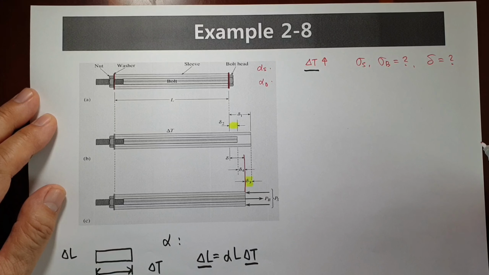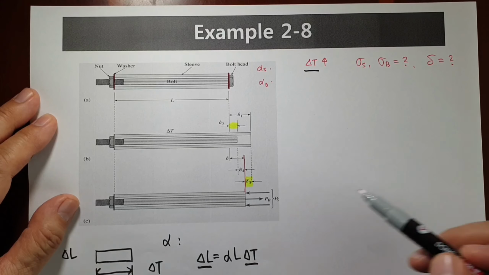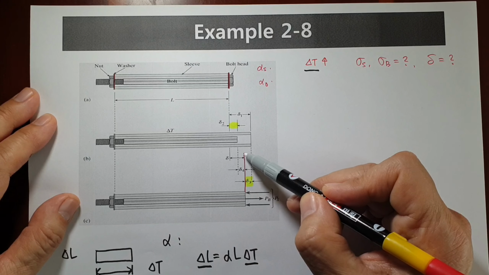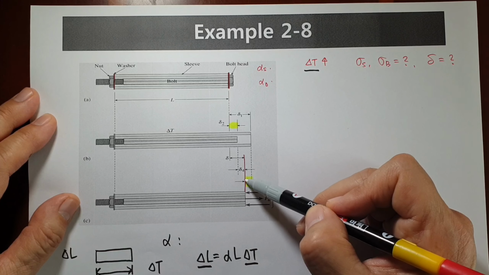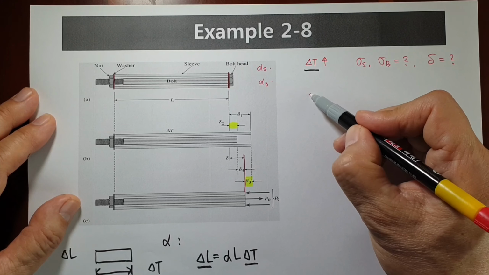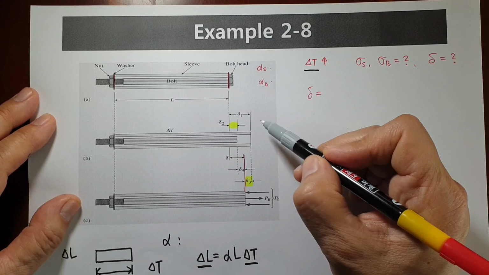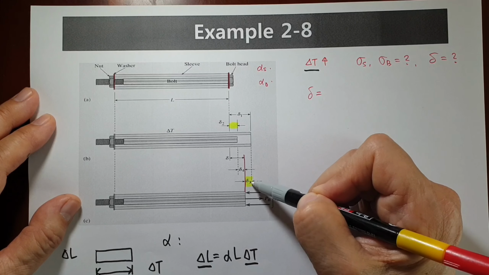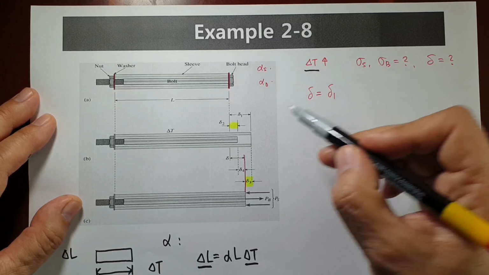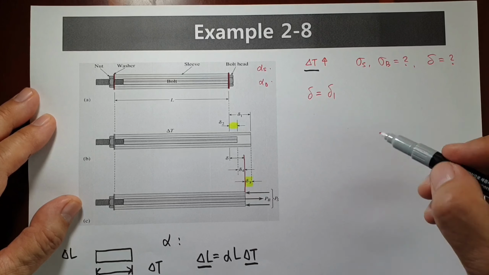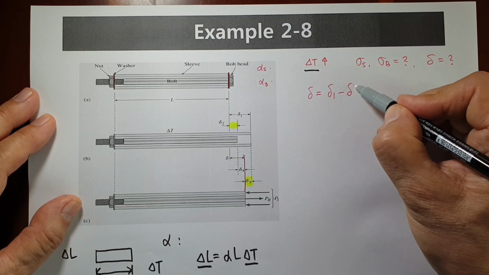Okay, now let's think step by step. At first let's think about the final form. Finally, we approach this kind of equilibrium. Let's say this is the delta value. Delta is what? Delta is delta 1 minus delta 3. Delta 1 is this distance, and the outside contraction that happened is delta 3.